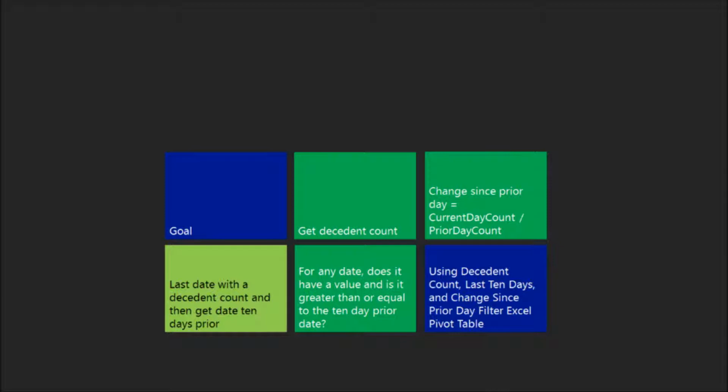We'll have to understand what's the last date within our data set where there was a decedent count, because it's with that date that we will need to go back 10 days. And that's the date range that we will also use in our Excel filters to only show the past 10 days. And then we'll just do some Excel filtering.